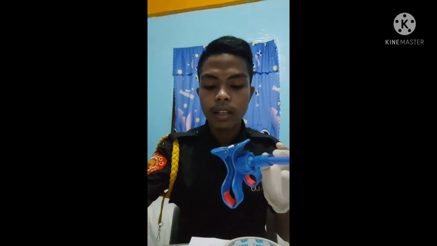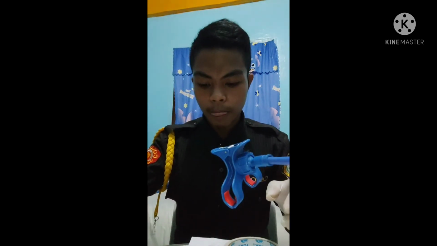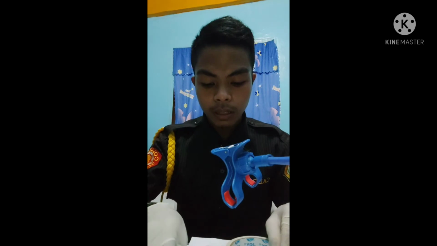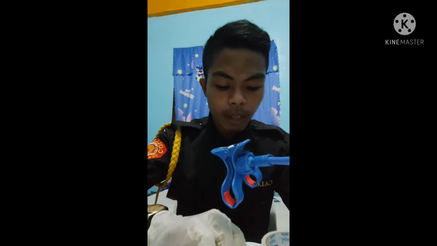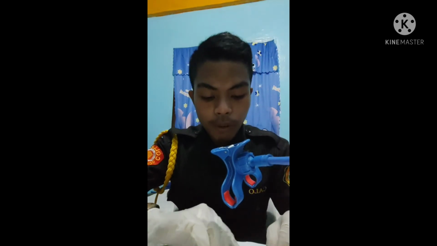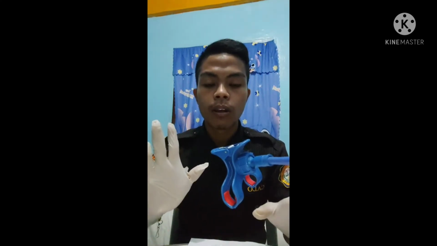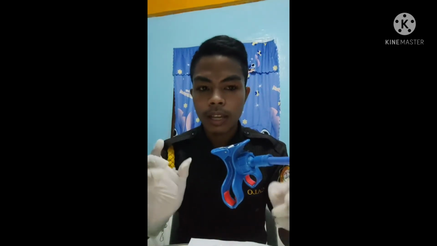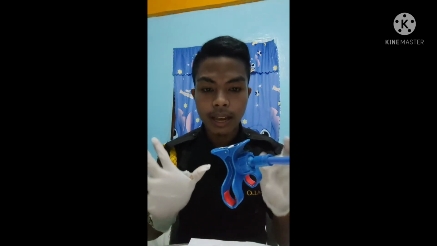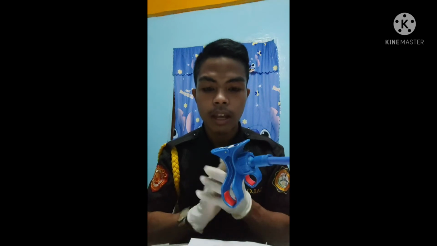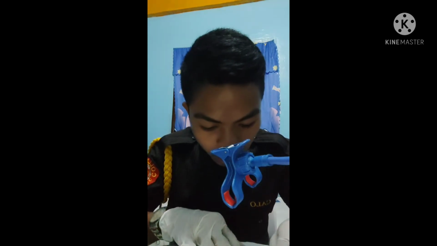It is left uncovered to prevent evaporation and allowed to stand for 1 or 2 hours. One slide is examined as a wet preparation.